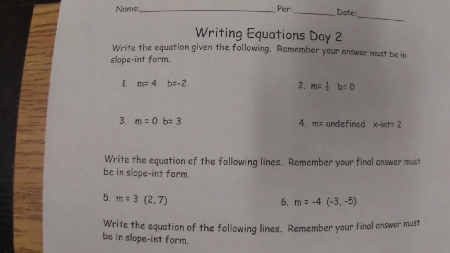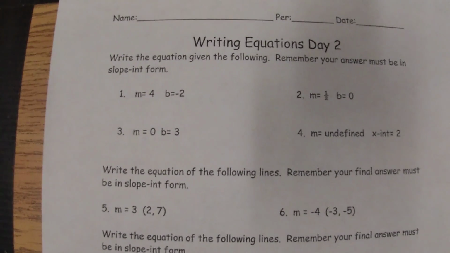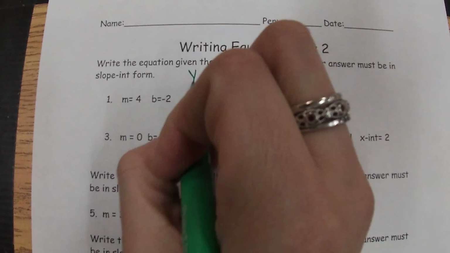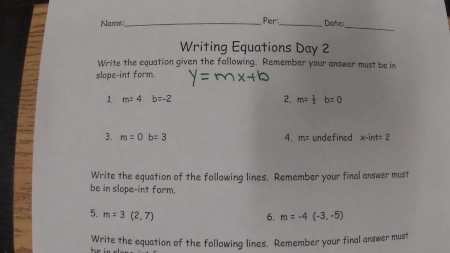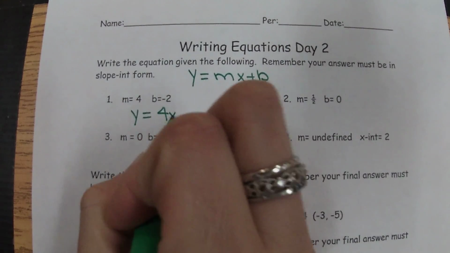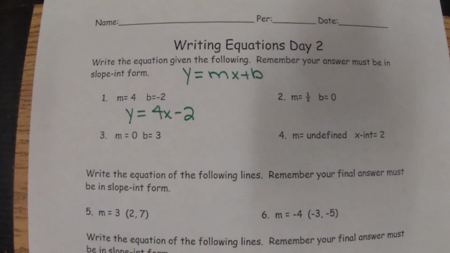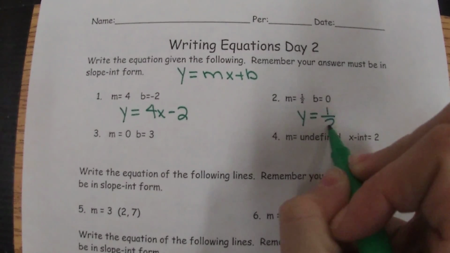So numbers 1 through 4 were given information with m and a b. Specifically on 1, 2, and 3, that information is pretty straightforward. So we're just going to plug into y equals mx plus b form, which is what we should be using on these top ones. So number 1, if we're just plugging in, we should say y equals 4x minus 2. Number 2, we should have y equals 1/2 x.